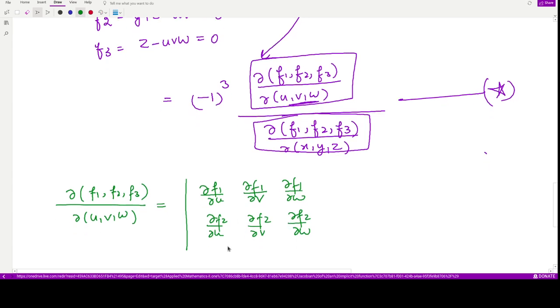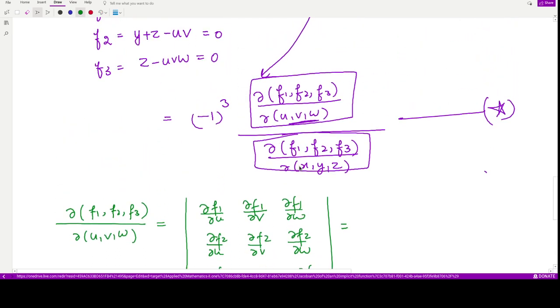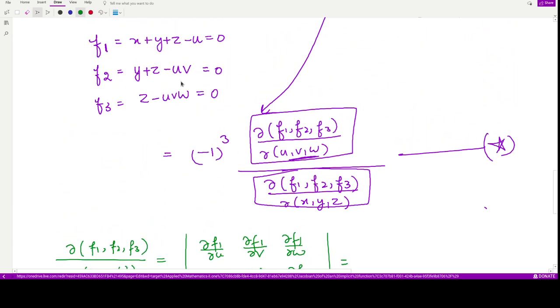And then we have the quantity del f3 by del u, del f3 by del v, del f3 by del w. So we have to compute these partial derivatives. Now see, what do you have? You have f1 as x plus y plus z minus u. So here this is independent.